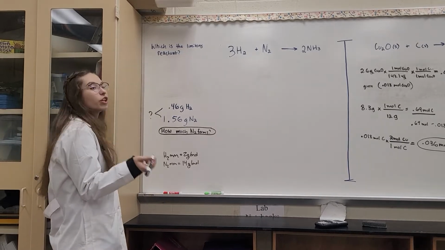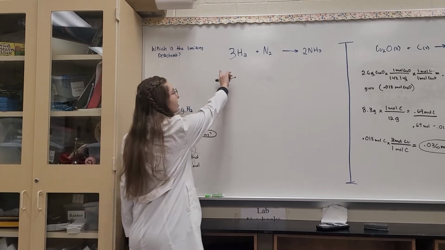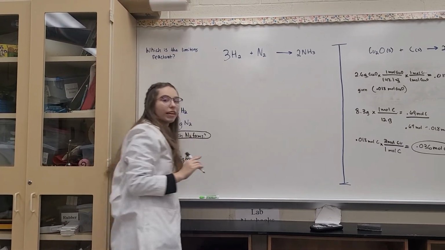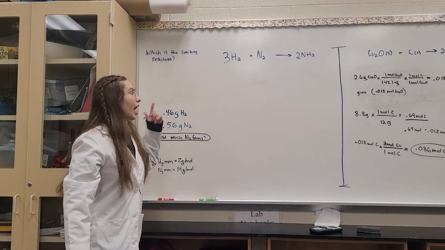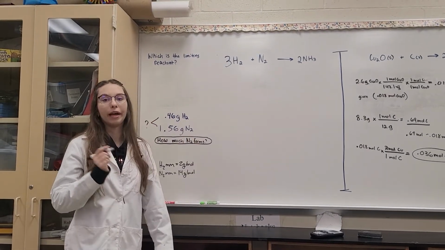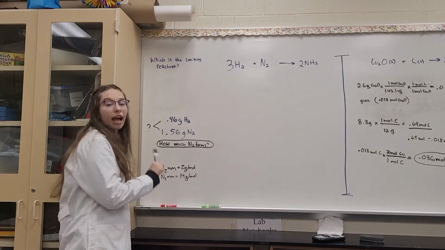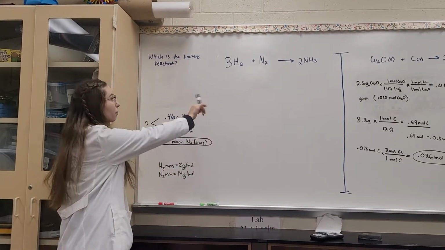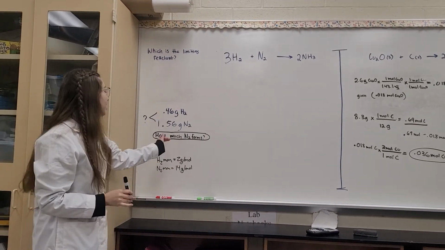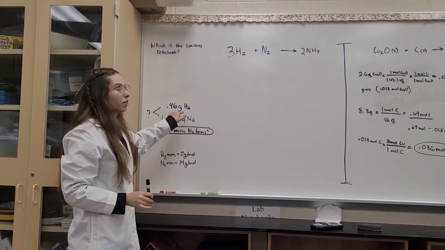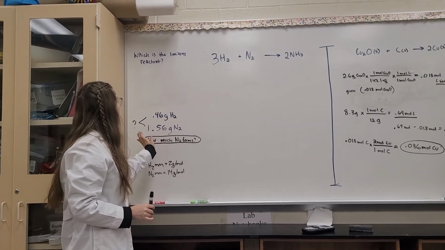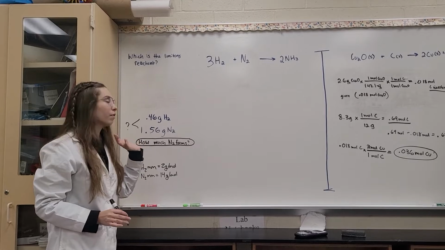Now we can move on to you guys doing a problem. Here is the reaction that you guys have already spelled out for you. On some AP test, you're going to have to form this reaction from what they give you and what forms, and you're going to have to balance it yourself. But for now, I'm giving you the reaction, and this is how much we have: 0.46 grams of hydrogen gas and 1.56 grams of nitrogen gas.